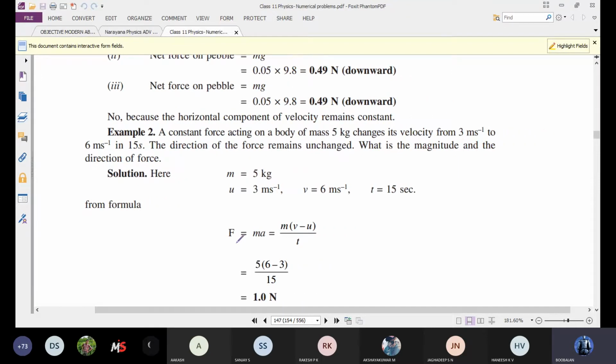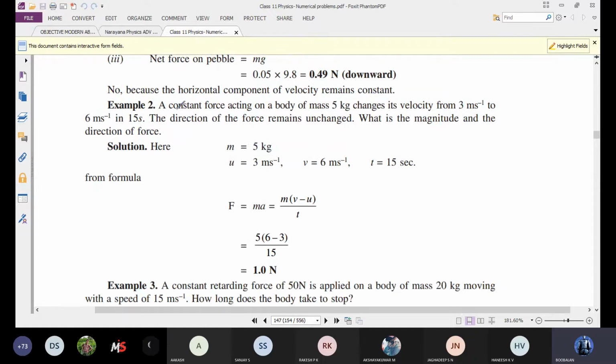Now listen everyone. The first one: a constant force acting on a body of mass 5 kg, so m value is 5 kg, changes its velocity from, so from means it is the initial velocity u value, to, this is the final velocity v value, in 15 seconds, time t is equal to 15 seconds.